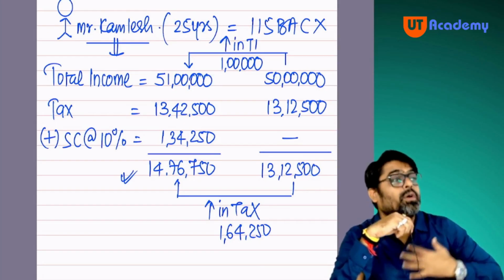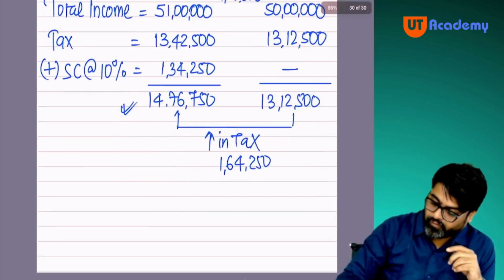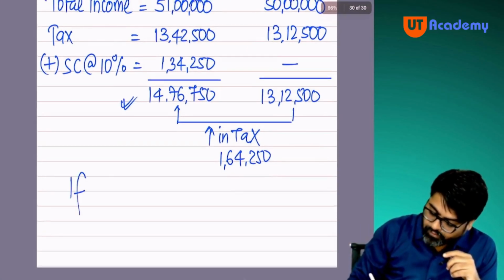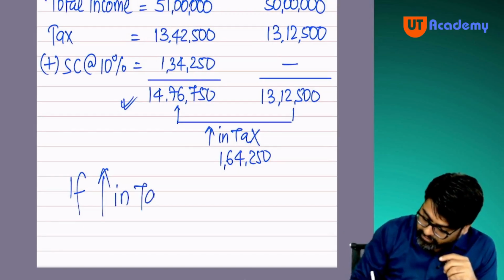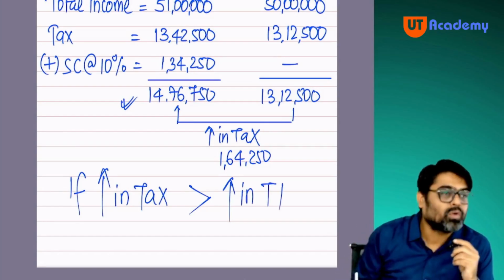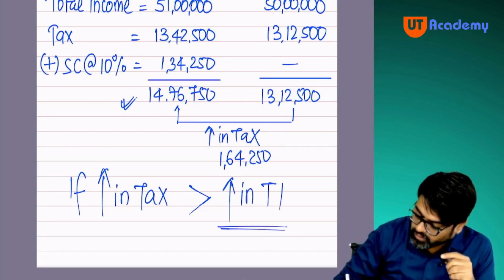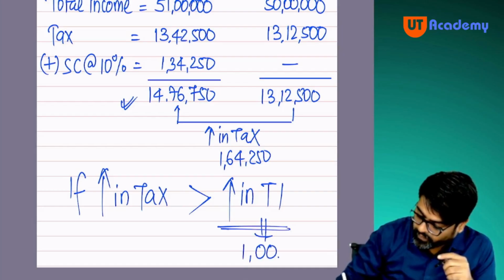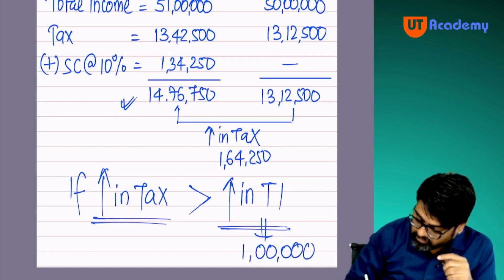See, what did I say? If the increase in tax is more than the increase in total income. What is the increase in total income? What was this amount? And what is this, 1,64,250?